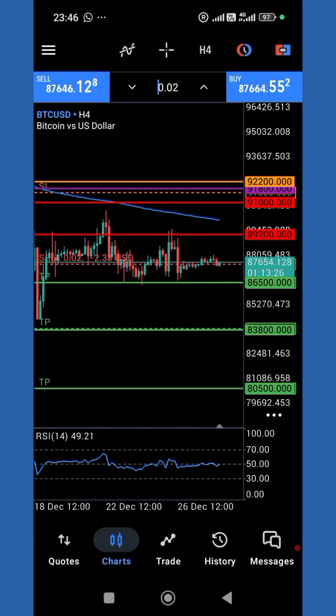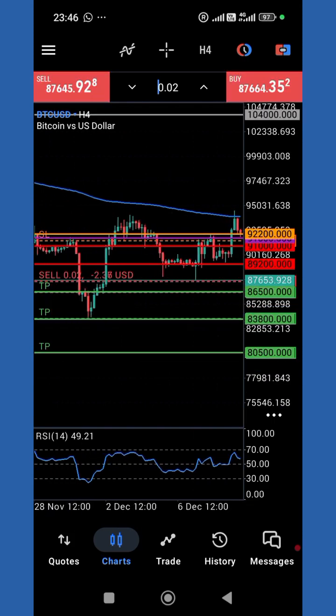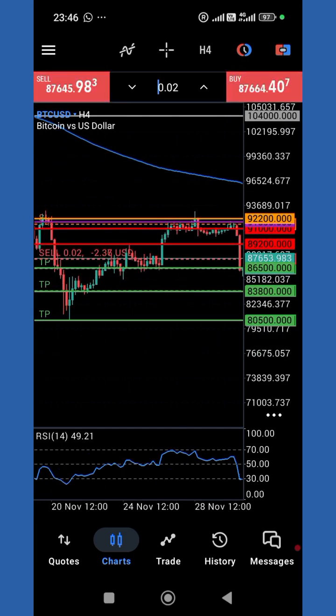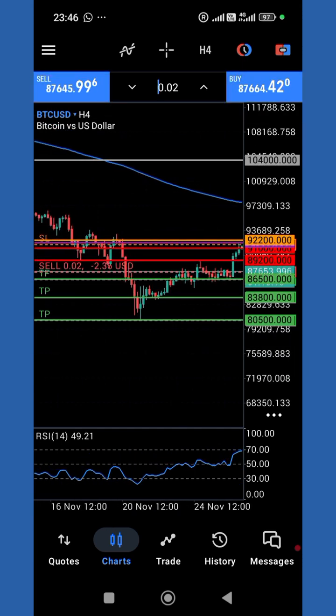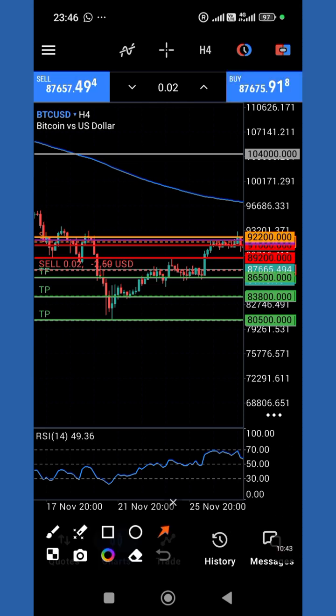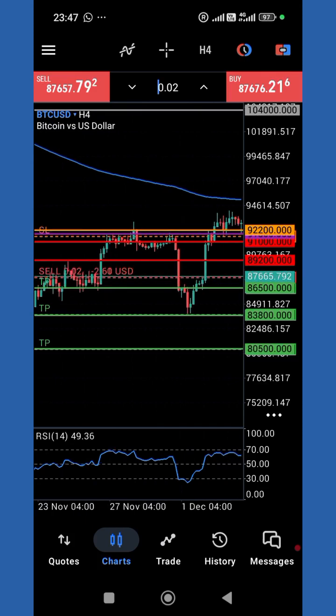Let me show you back there. That is the TP2 that I set there, as you can see. Let me start right from there. If you look at it, we have it here. That is the first one, like this area here. After that, the market continues.